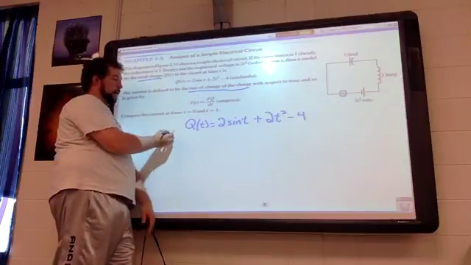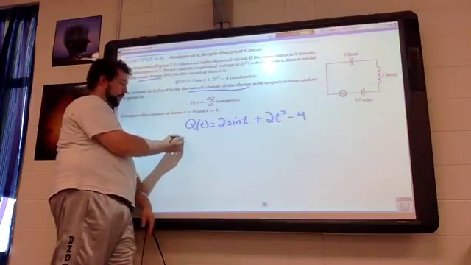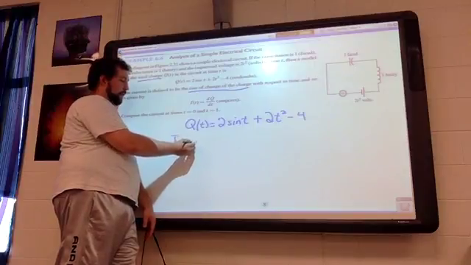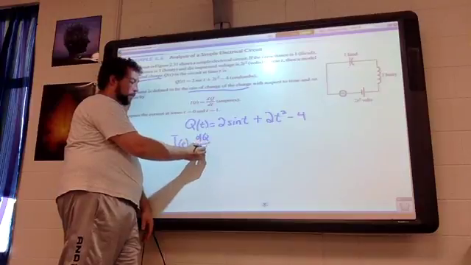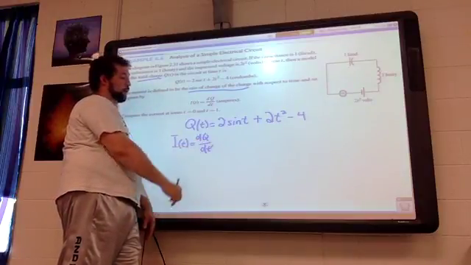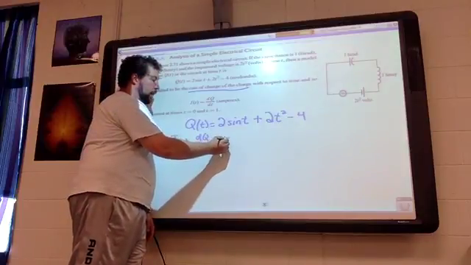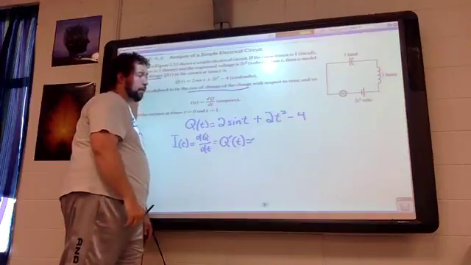To find the current, that's the dq over dt, the change in the charge over the change in time, which another way of writing is Q prime of t.